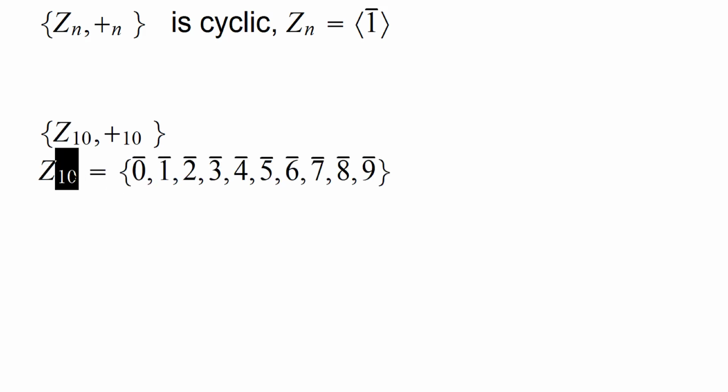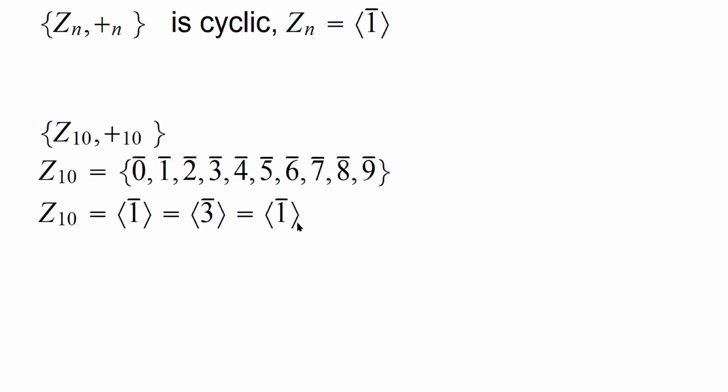So you can notice this here, and again, it will be just a matter of sitting down and verifying that Z10 is generated by 1. And at the same time, you may notice that there are other generators, like, if you take all the powers of 3, they also describe Z10. Just do that at your own leisure.